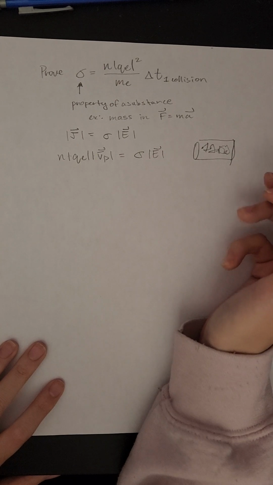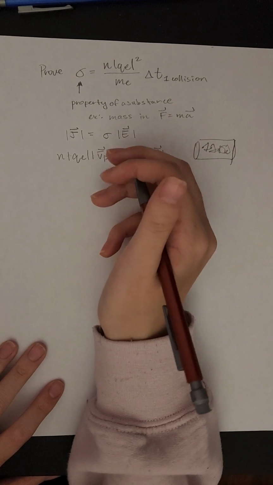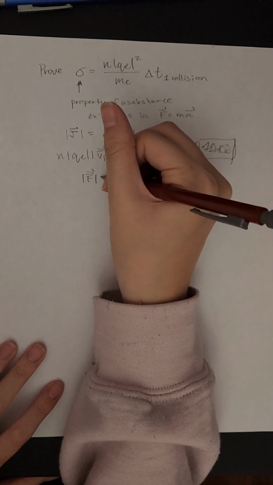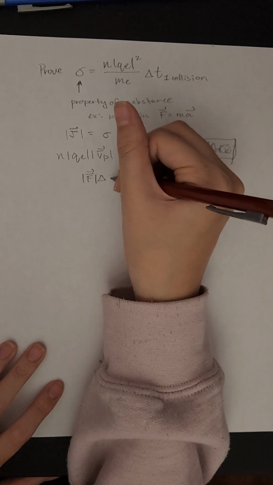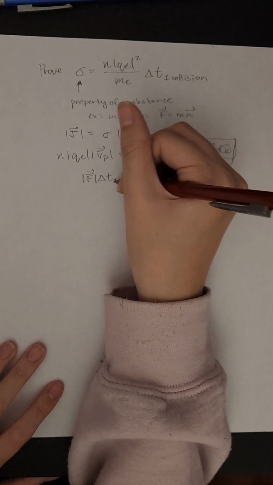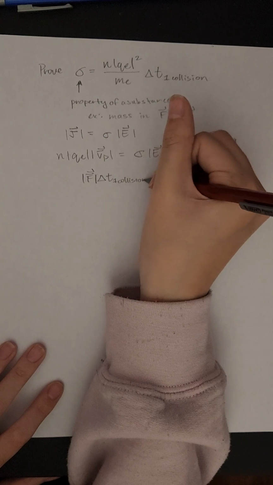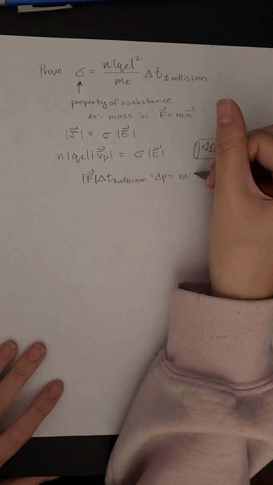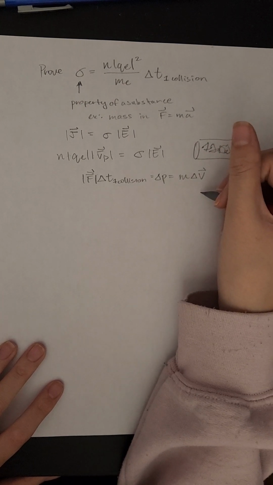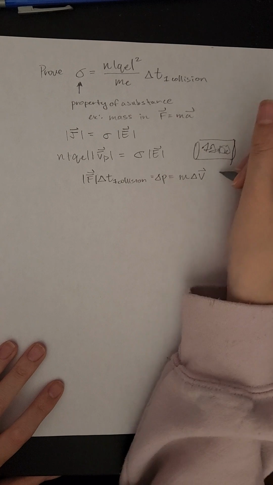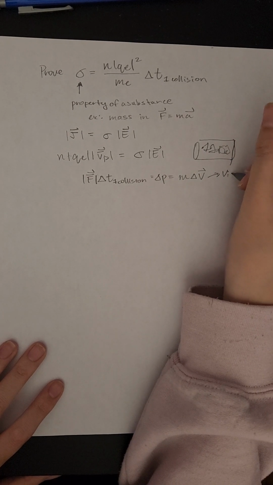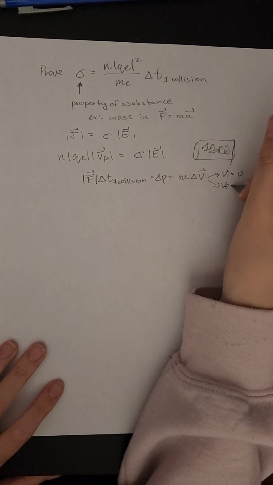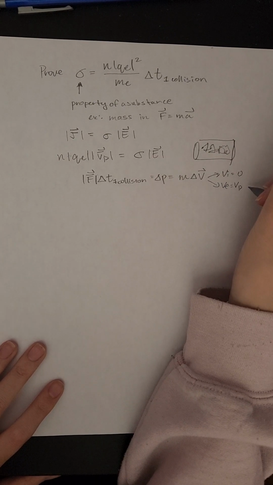We could think about the impulse momentum theorem, where the average force times the time of one collision is equal to the change in momentum, which is equal to mass times the change in velocity. Its initial velocity is 0, but its final velocity is the drift velocity.